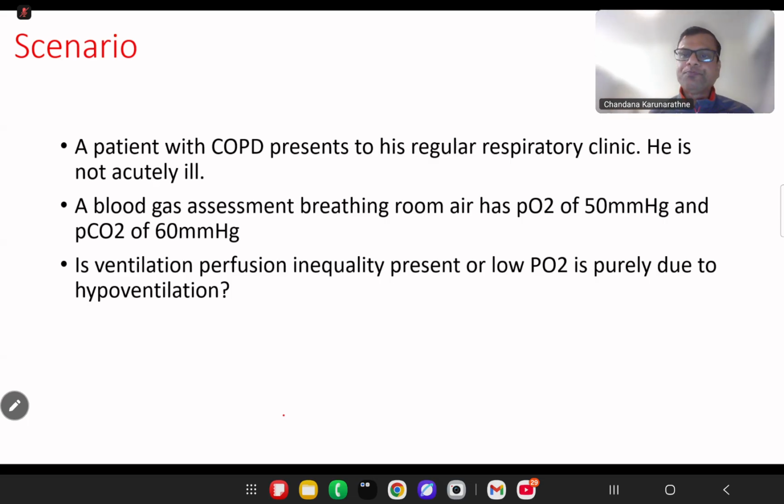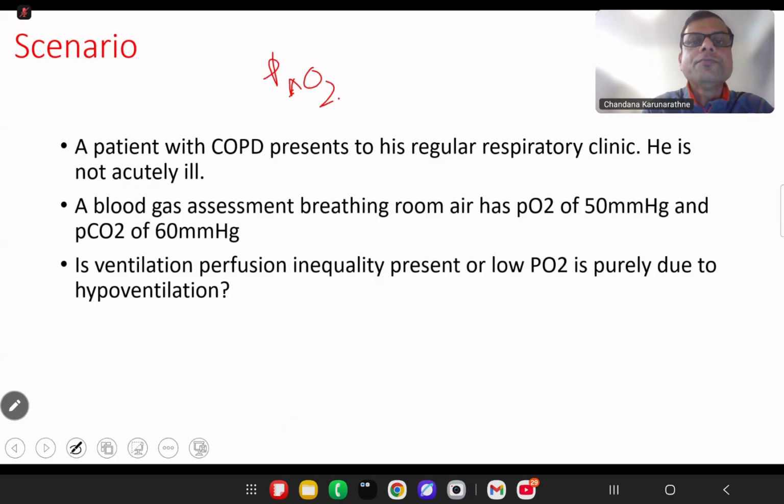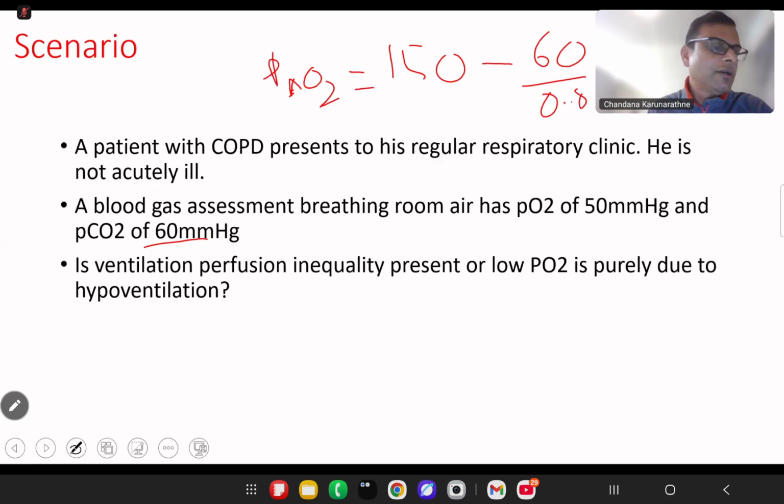Okay, now how do you calculate the AA gradient? We use the alveolar gas equation: PAO2 equals PiO2, which in room air is 150, minus PaCO2, which is 60, divided by 0.8.